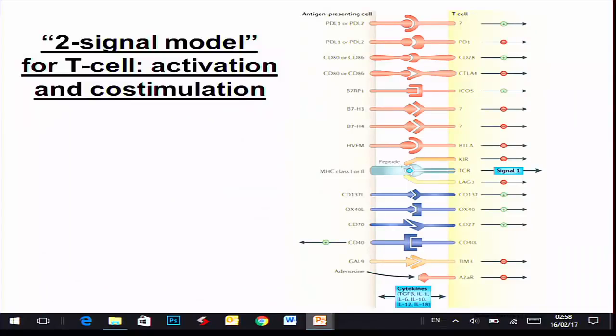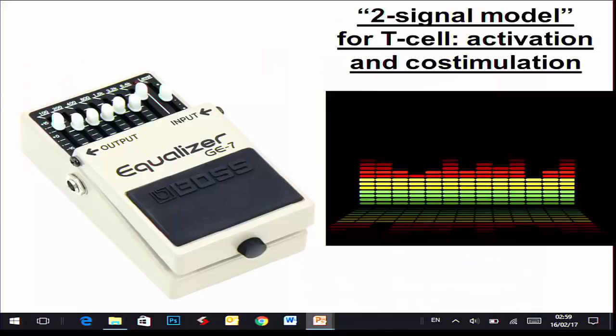So today we know that there are a lot of molecules, a lot of interactions taking place besides the TCR. And what we know also is that there are molecules that will activate the T cell and molecules that will actually deactivate or inhibit the T cell function. Think of that like an equalizer, okay?